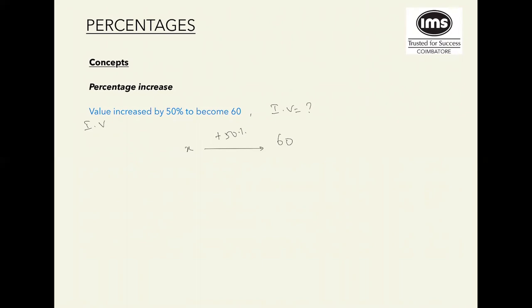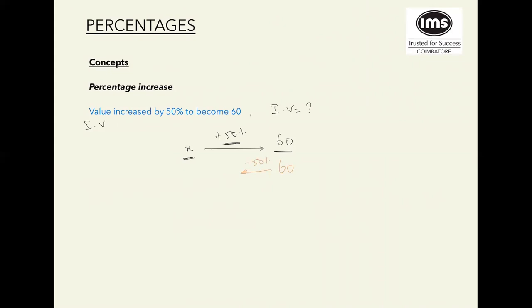Okay. A very common mistake many people make is this: if you take X and increase it by 50% to get 60, it is not the same as taking 60 and reducing it by 50%.